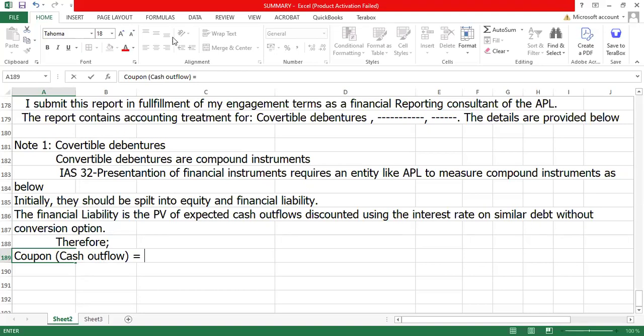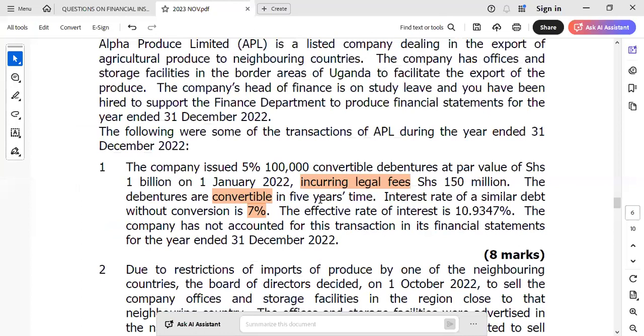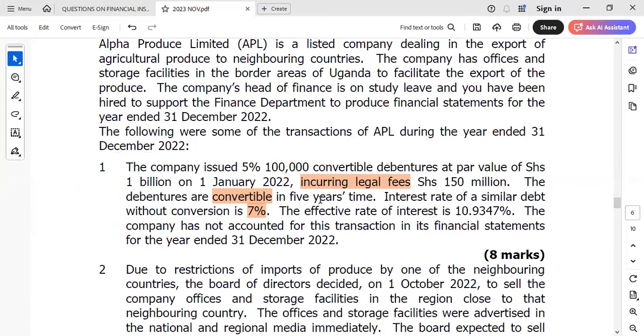Okay, so basing on our question, what is the coupon rate? The rate attached on the debenture is 5%.